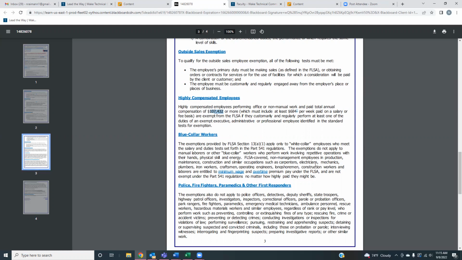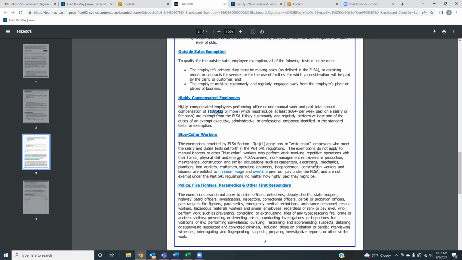And that's where nurses actually fall under, because even though a nursing position might not be considered blue collar, so to speak, they are actually on their feet a lot and there's a physical skill involved. And so they fall under this as well. Any electricians, mechanics, plumbers, craftspeople, construction workers, laborers, they all fall under this blue collar worker category where they have to be paid overtime. It doesn't matter how much you pay them.